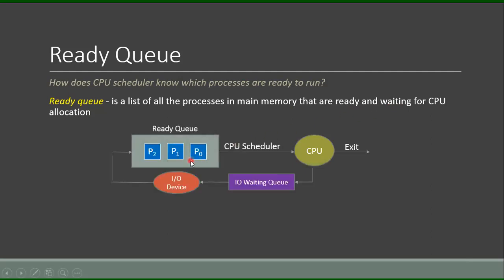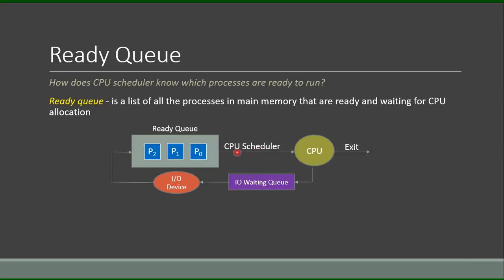This figure gives the idea of the ready queue. As you can see, the ready queue holds three processes: P0, P1, and P2. This ready queue is maintained in the main memory.